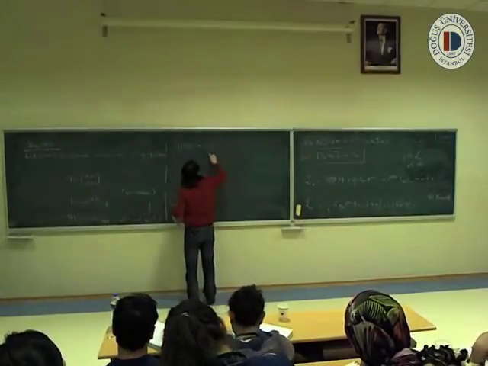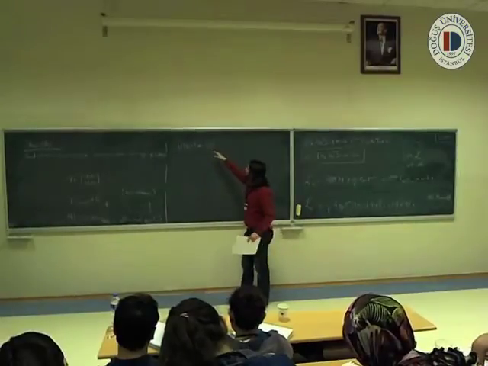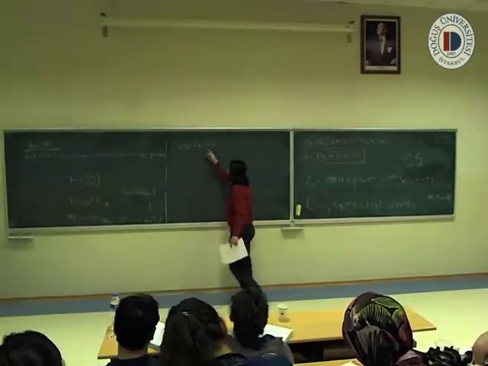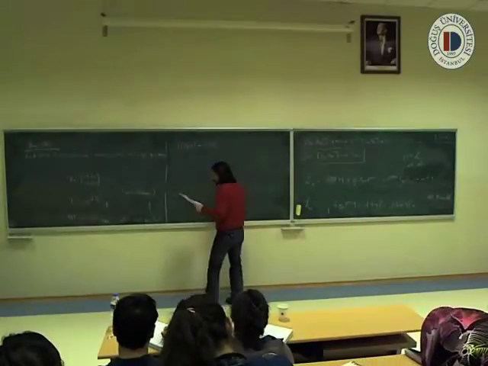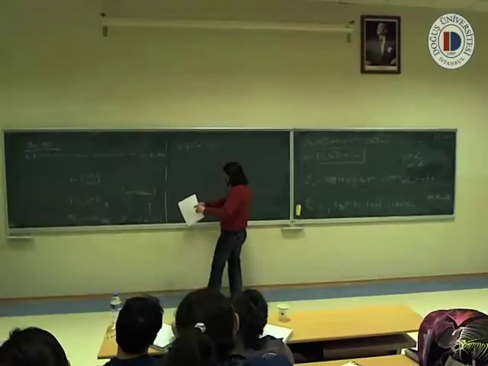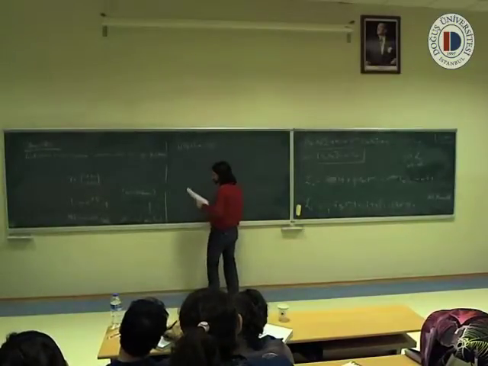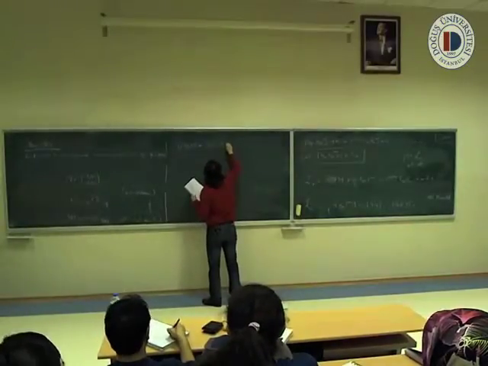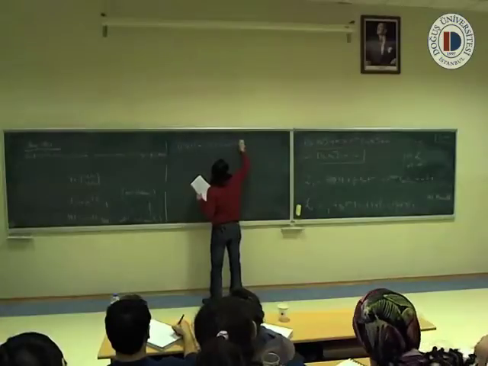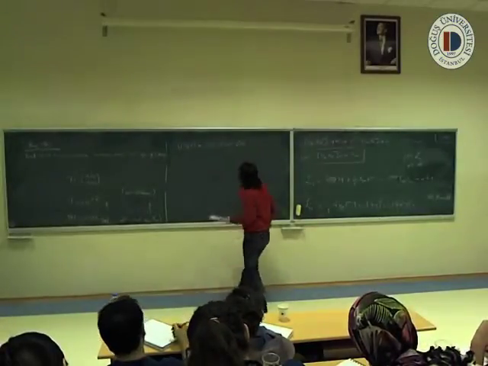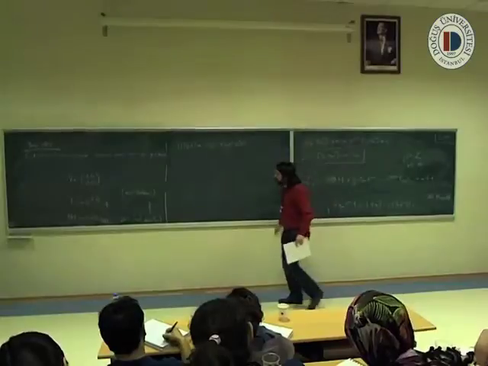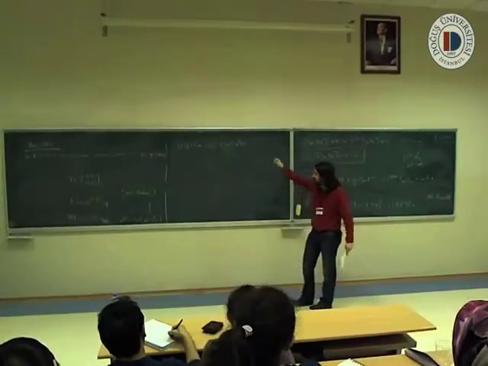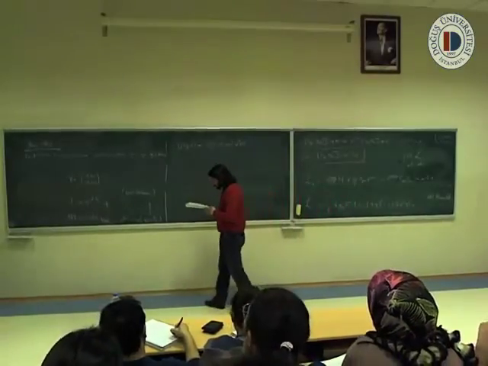So now I'm replacing this e to the i alpha with this non-trivial matrix phase rotation, because it's a matrix acting on this doublet. And you realize that if you go back to the definitions and get rid of the Pauli matrices, you will go back to the abelian case.